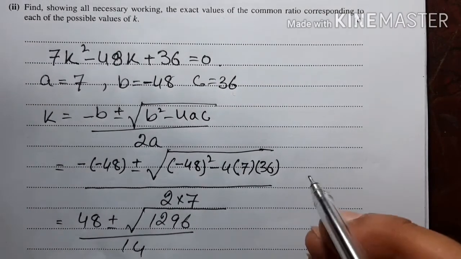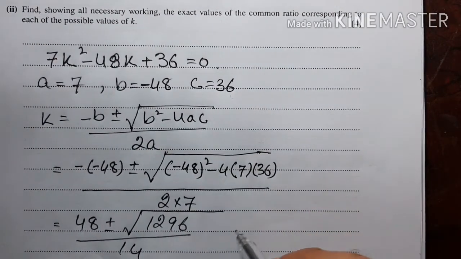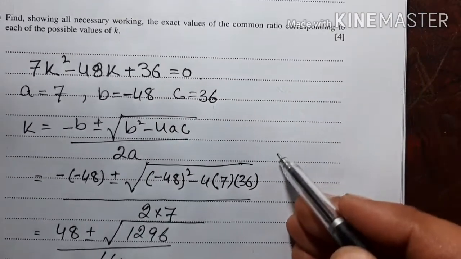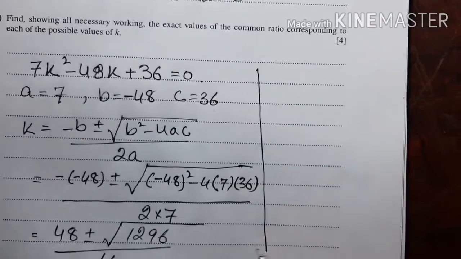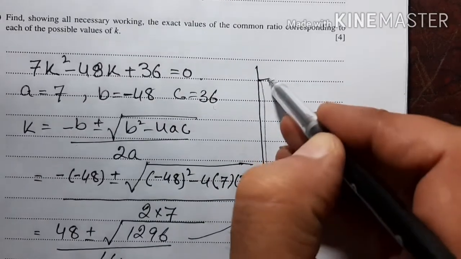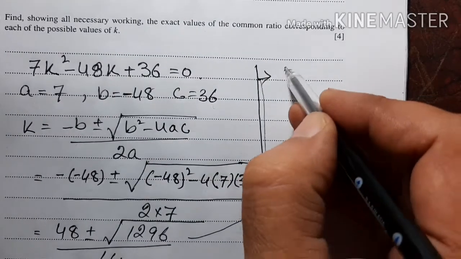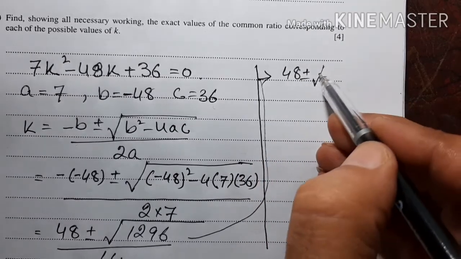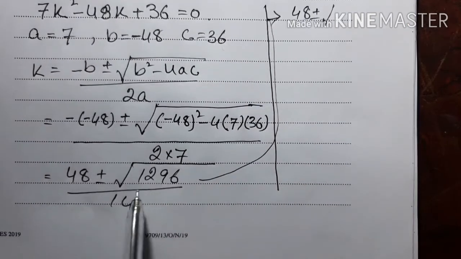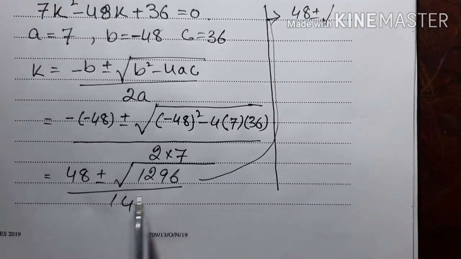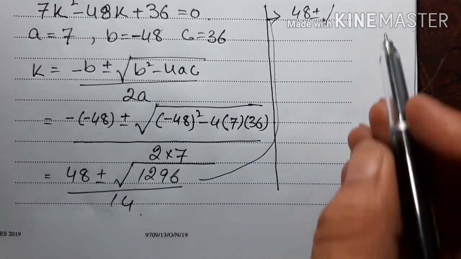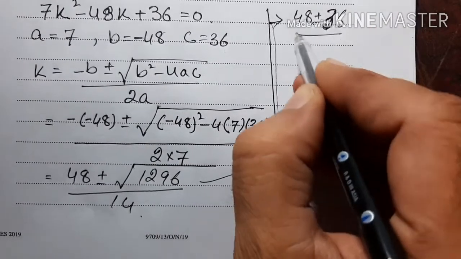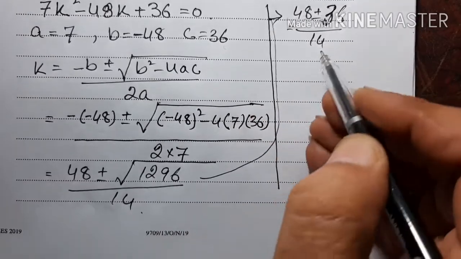The square root of 1296 is actually 36. So I have to open the square root. Now I got two values.